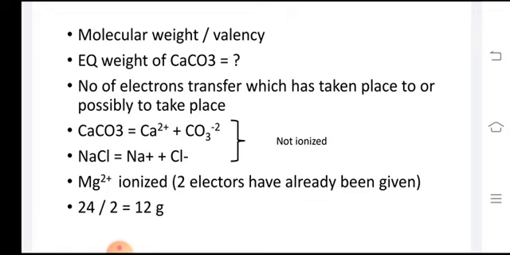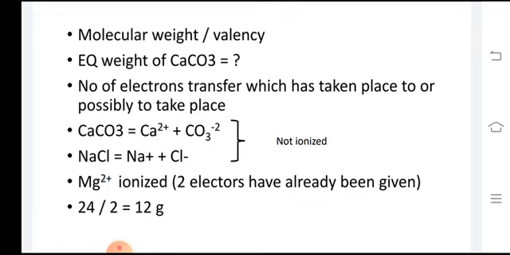We will be finding the equivalent weights, and then in the case of ionized radicals and ionized atoms, here is an example, magnesium 2 plus ions.